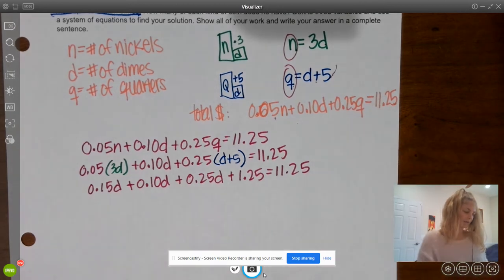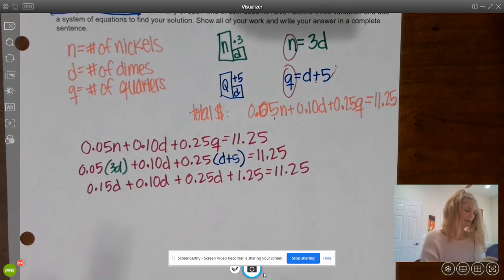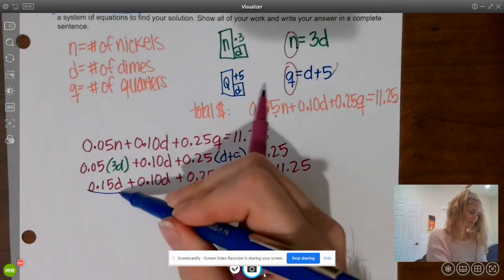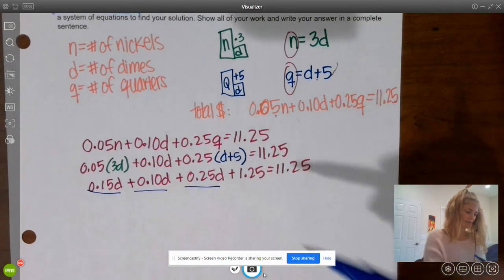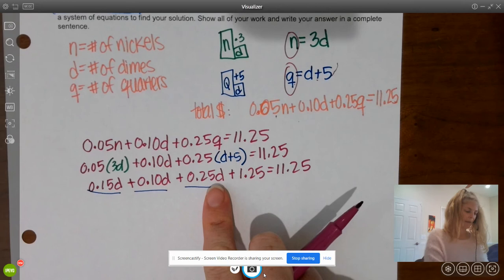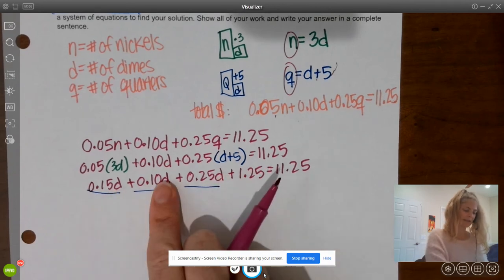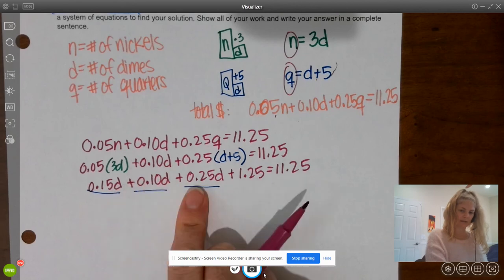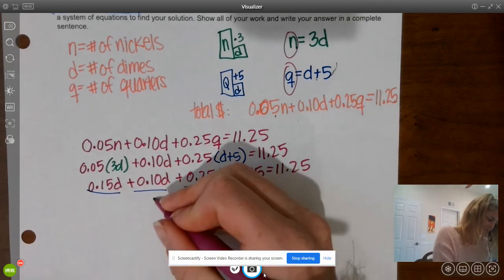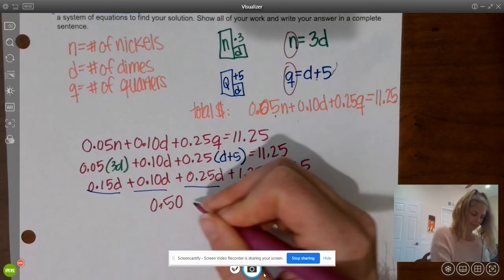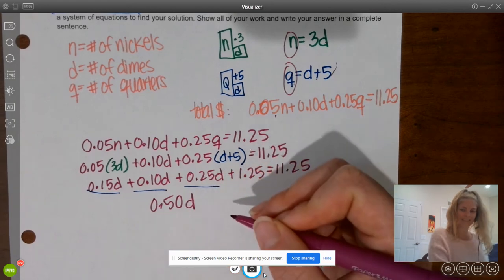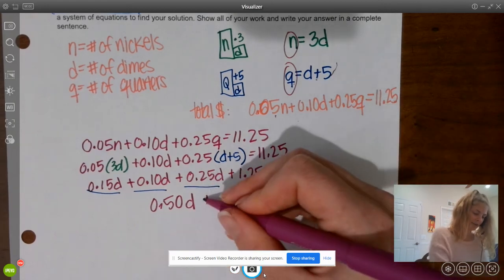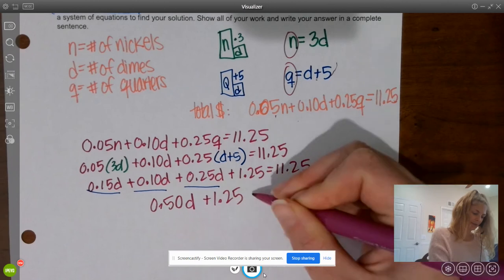Okay, so from here, let's combine our like terms, 15, 10 cents, and 25 cents. So that would get you 50 cents, because 15 cents and 10 cents get 25 cents, and 25 cents plus another 25 cents is 50 cents. I like thinking about decimals like money, because who doesn't like thinking about money sometimes?